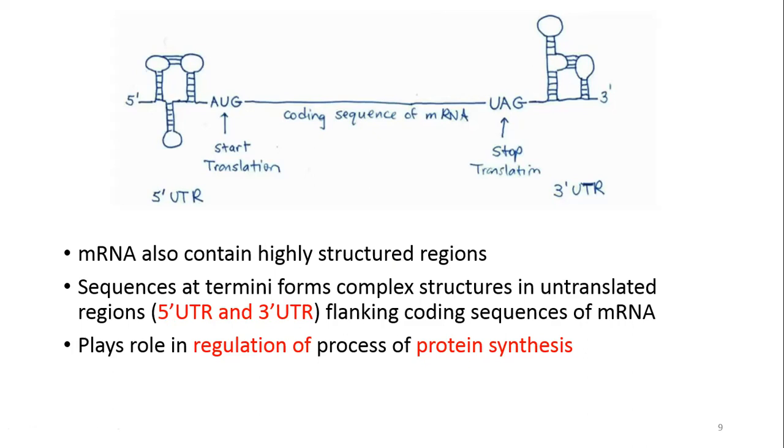Okay, and these 5 prime UTRs and 3 prime UTRs are known to play a crucial role in the regulation of protein synthesis. So it is not like your mRNA is always a straight strand of nucleic acid as usually represented on the board. This mRNA also contains highly structured regions at its 5 prime and 3 prime ends, which we call the 5 prime UTR and 3 prime UTR.